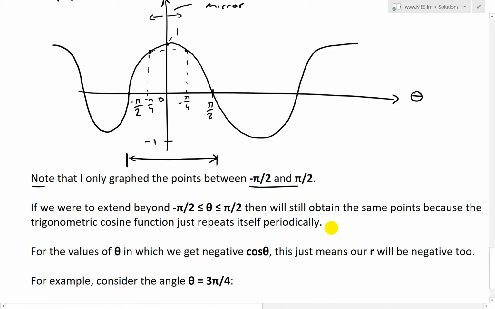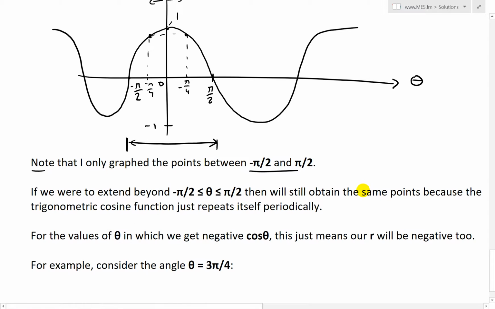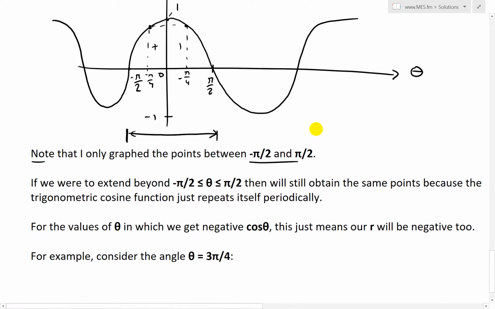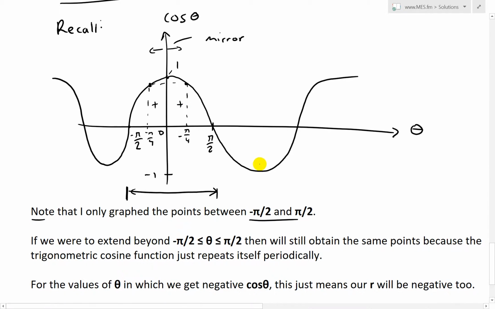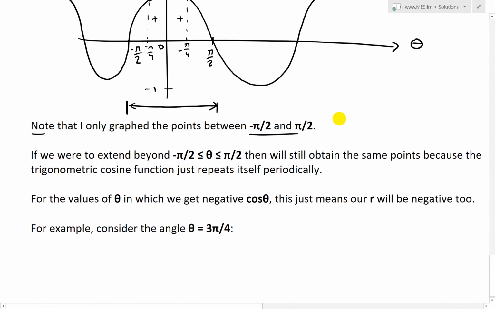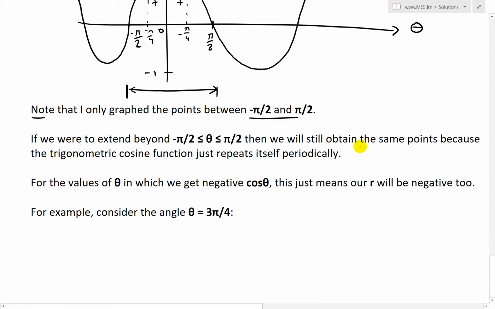But trig functions are periodic, and as you can see, it goes back and down, etc. In this case, I only dealt with the positive r values, because we have positive cosine values in between here. But here, notice there's a negative. If we were to extend beyond negative pi over 2 and positive pi over 2, then we will still obtain the same points, because the cosine function just repeats itself periodically.